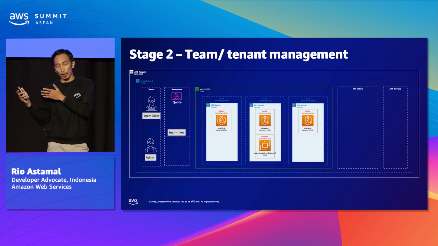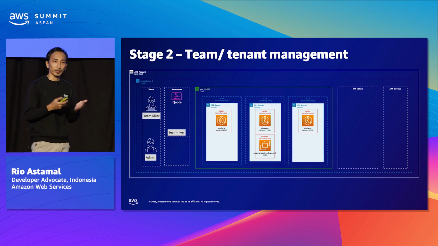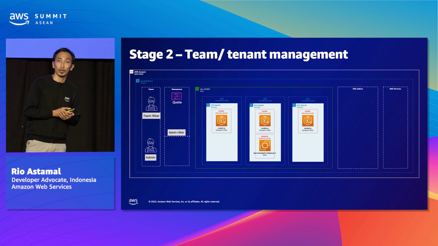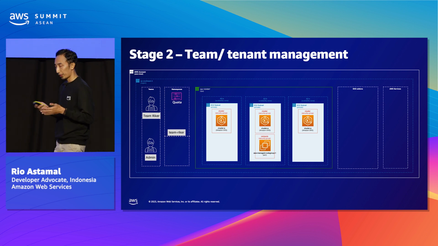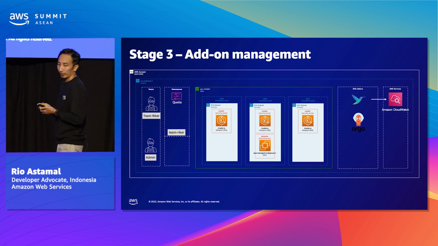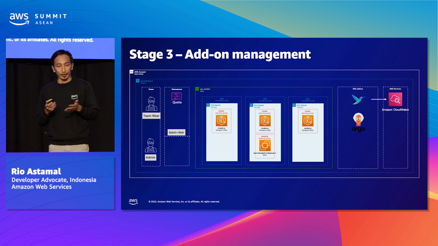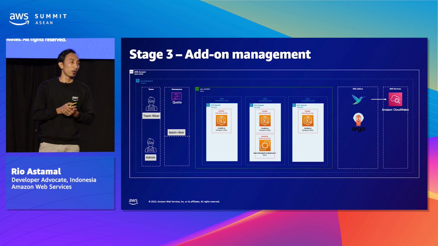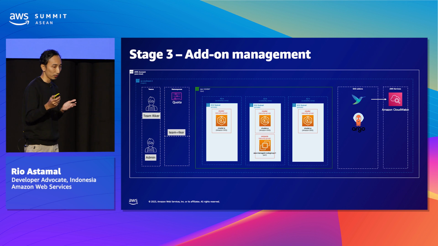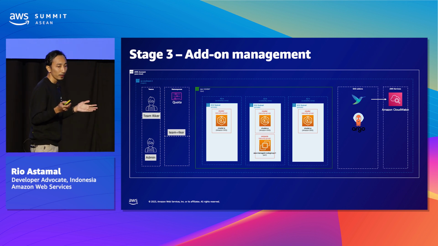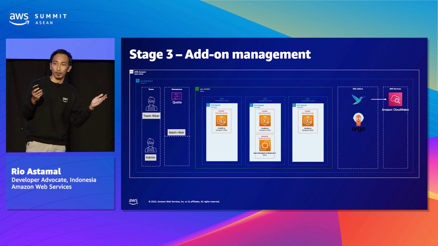And let the application team have self-service to do their own deployments without having to rely on the platform team on a day-to-day basis. On stage 3, I will show you how we can install add-ons, such as Argo CD, Fluentbit, and several others.